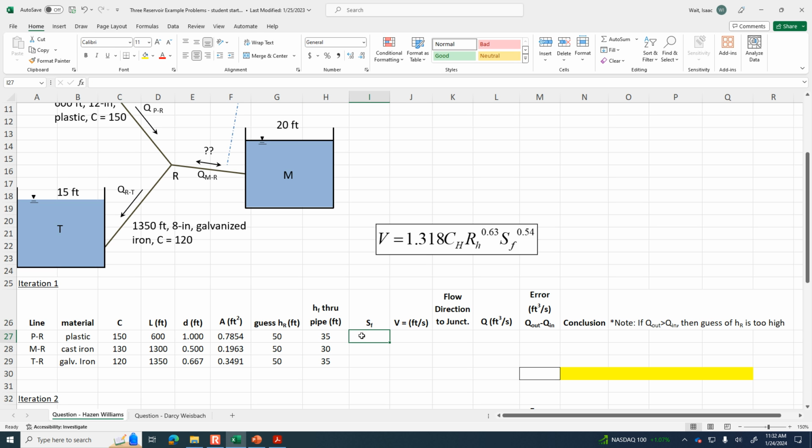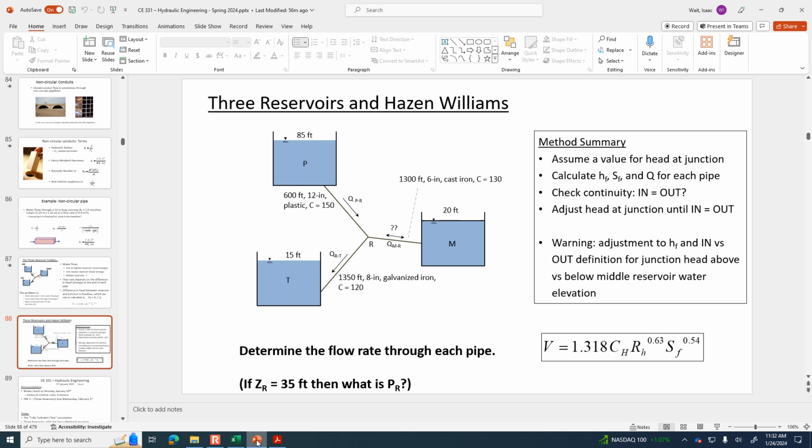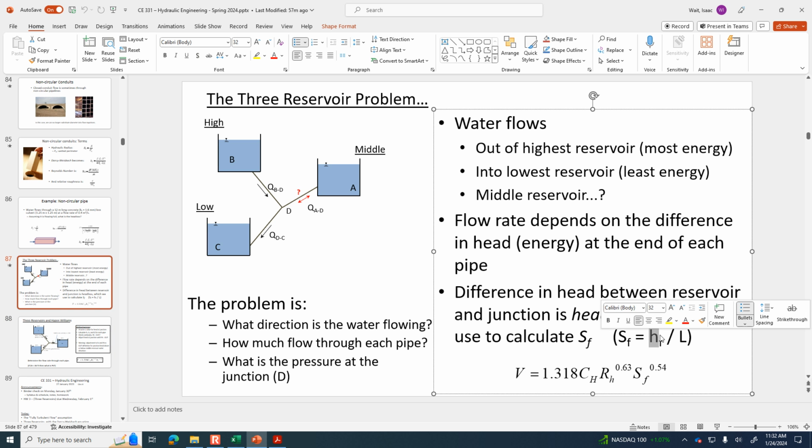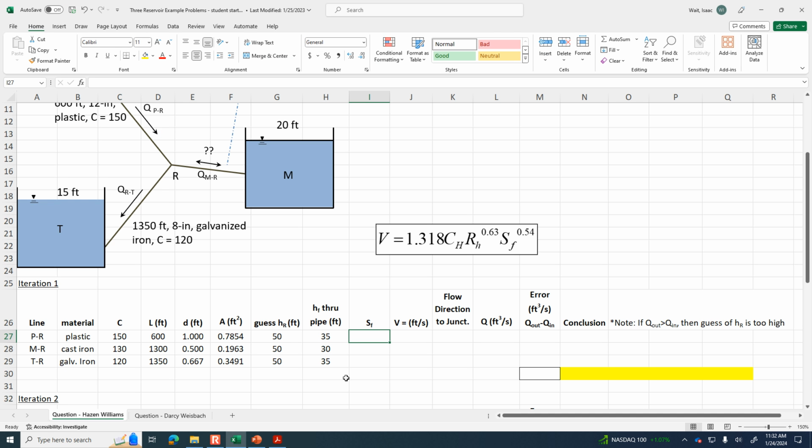Okay, slope of the energy grade line. We learned from this other slide that slope of the energy grade line is H sub F divided by L. So it is this H sub F divided by the length of the pipe. Now remember, this isn't definitely the slope of the energy grade line.